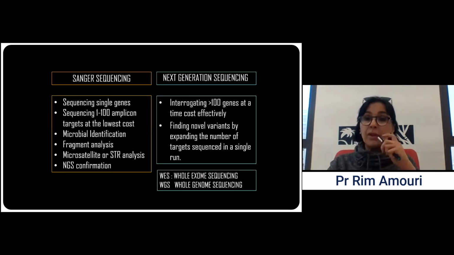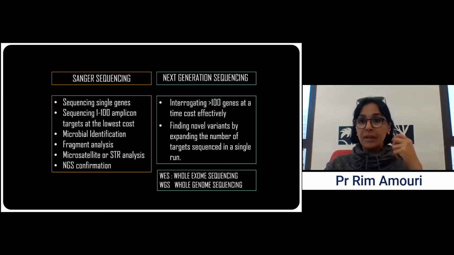So here is what to consider. With its ability for long reads and gold standard accuracy, Sanger sequencing is perfect for sequencing single genes, for sequencing up to 100 targets at the lowest cost, and also for NGS confirmation.